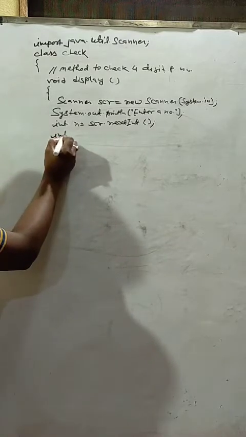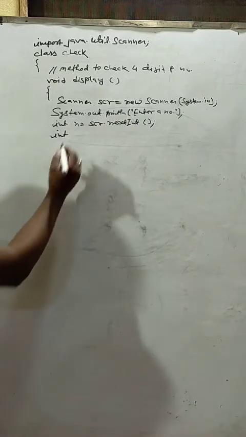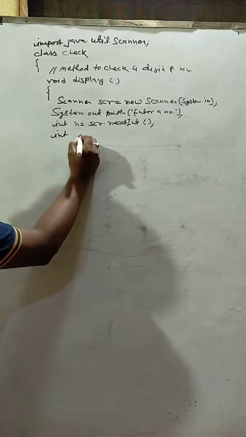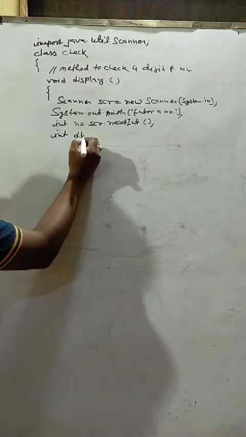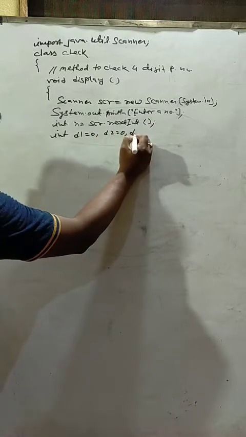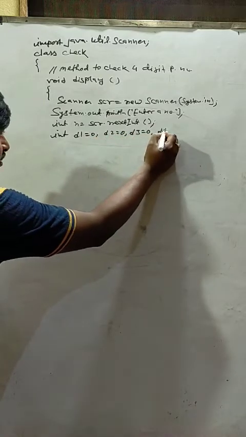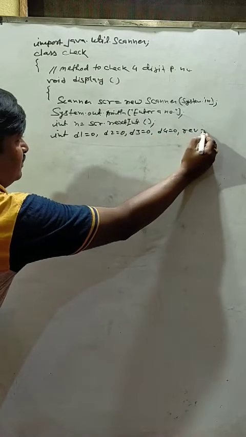We need a few variables in our program, so better you declare them first. We need to extract all the digits of the number, so we need d1 equal to 0, d2 equal to 0, d3 equal to 0, d4 equal to 0. We need a variable reverse equal to 0.